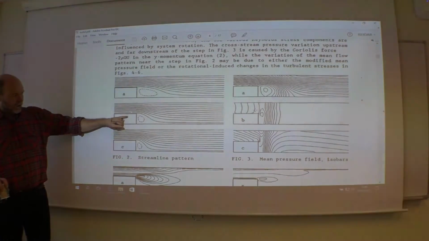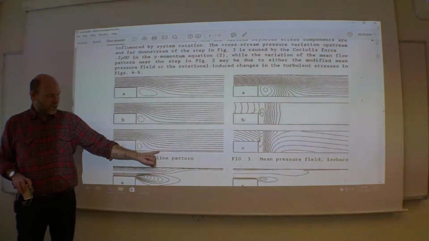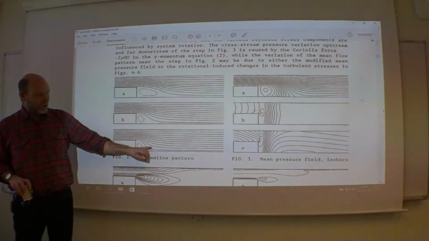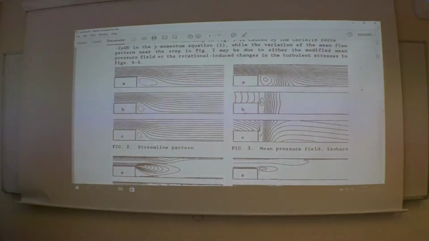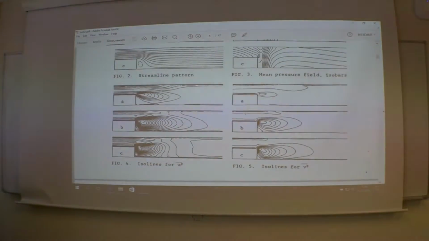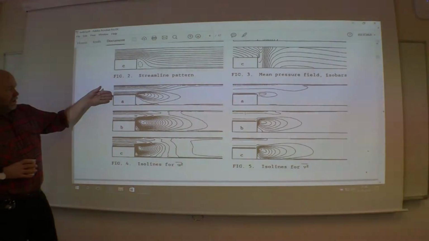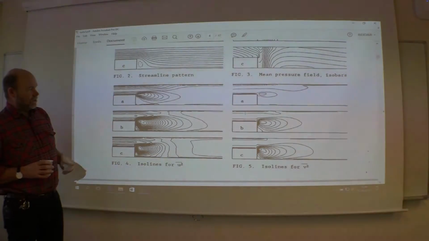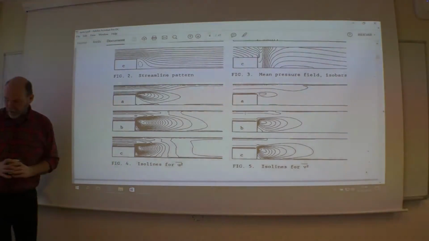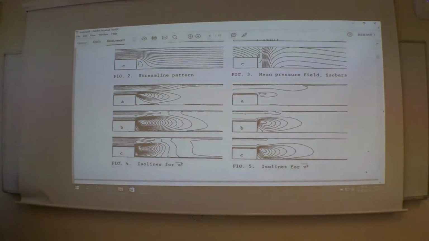Neutral, no rotation, and here you increase the turbulence. You have a pressure side down here. So the ASM can handle the different problems here, with rotation, without rotation, and get quite clearly different results.